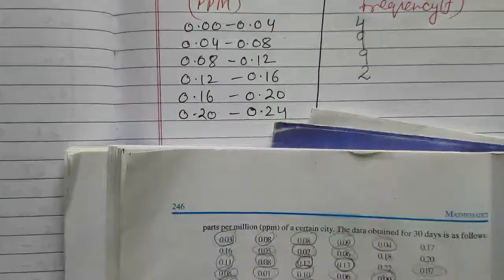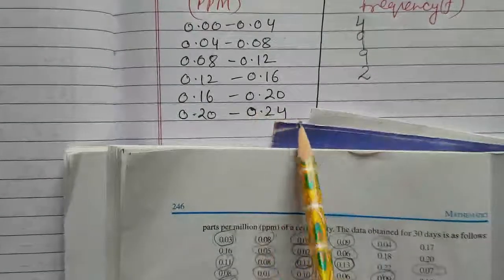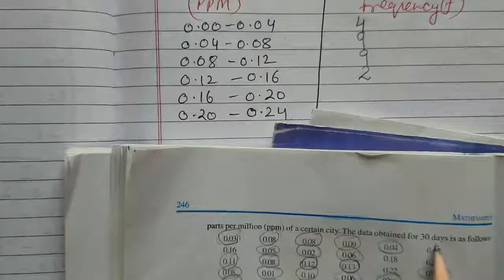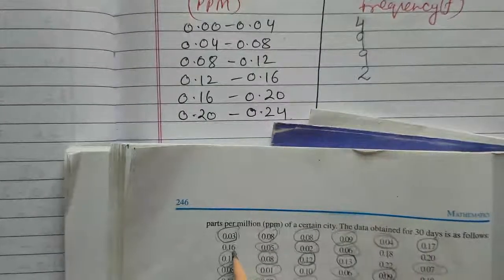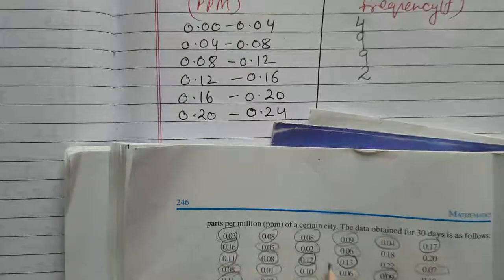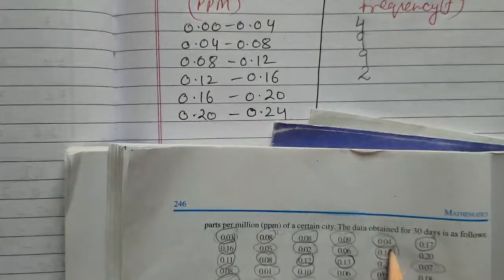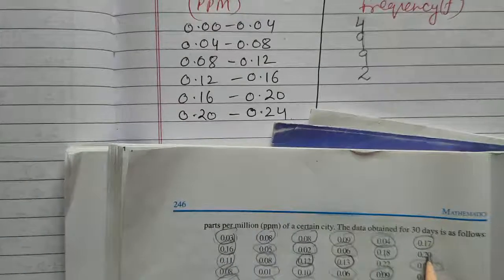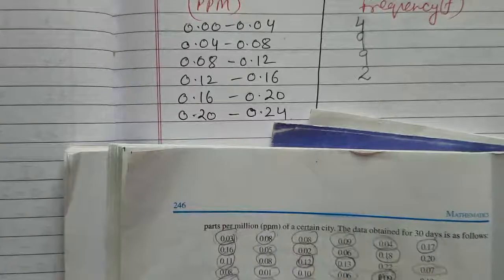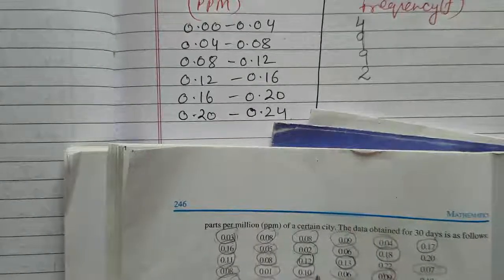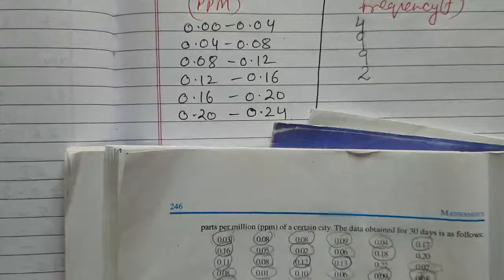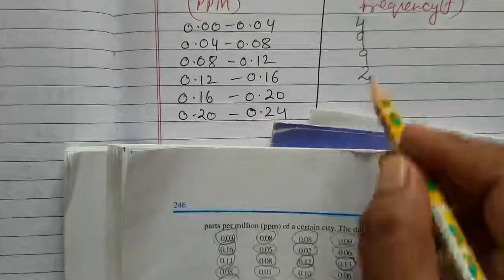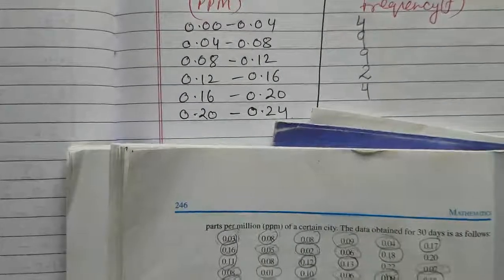Now 0.16 to 0.20: yes, 1, 2, 3, no, no, 4. That's it, 4. Now the last one, 0.20 to 0.24.